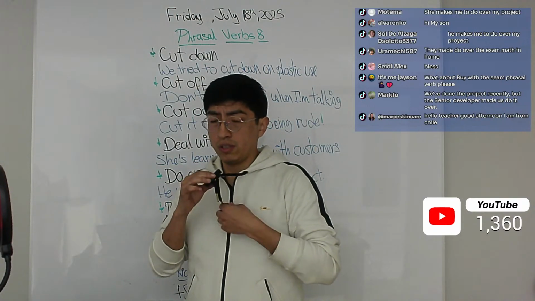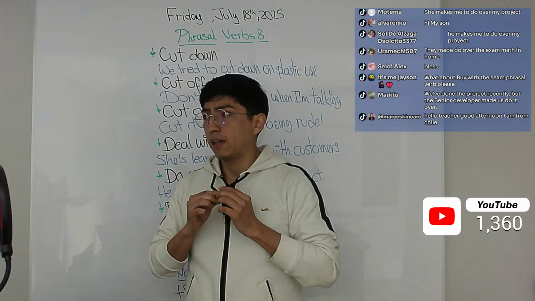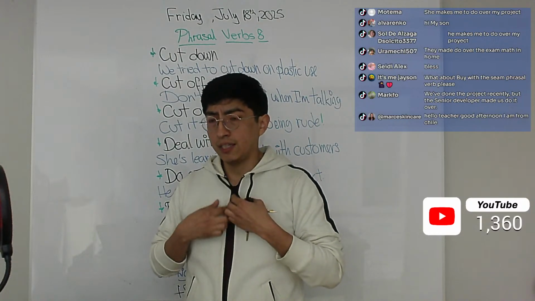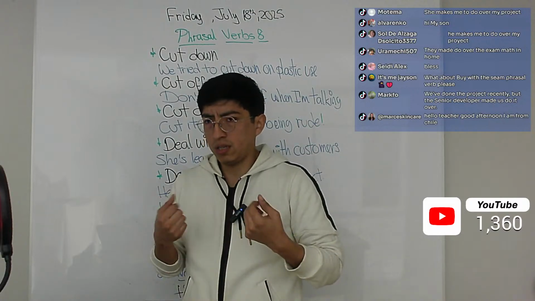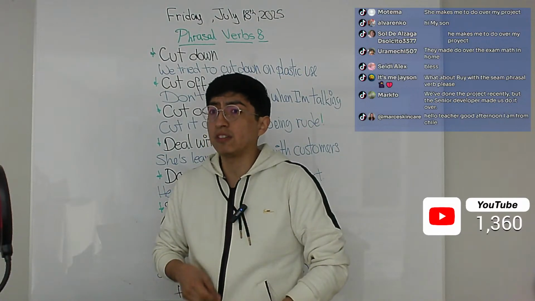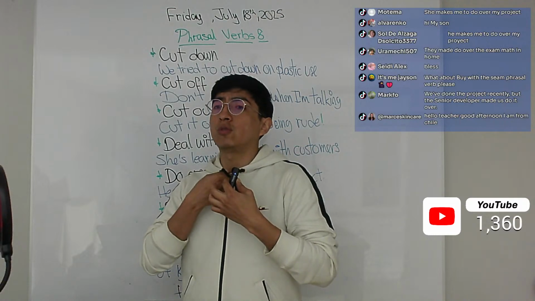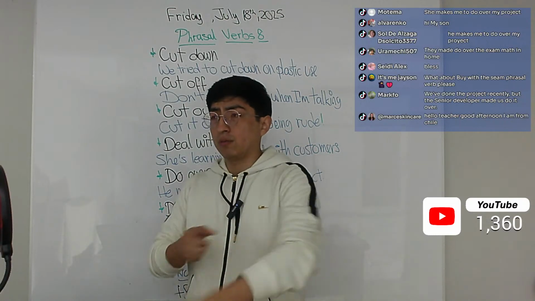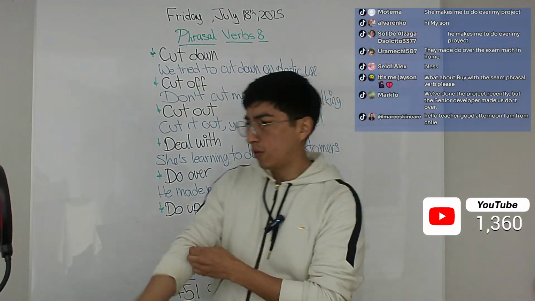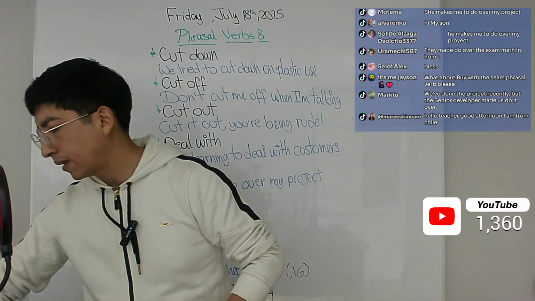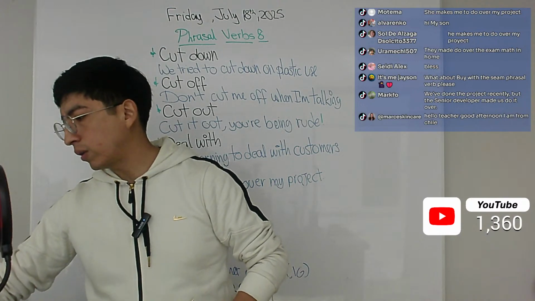Or maybe you can say, for example, this is a zipper. In the case of a jacket, maybe you can say, "Hey, your jacket is a little open. Please do it up." So you have to zip it again. In that case, you can use do up. So I'm going to give you some examples of when we can use this.